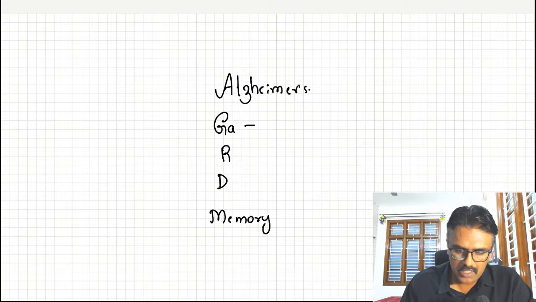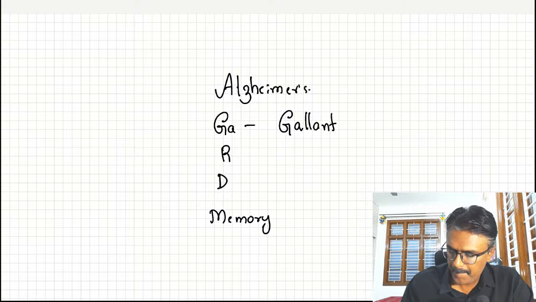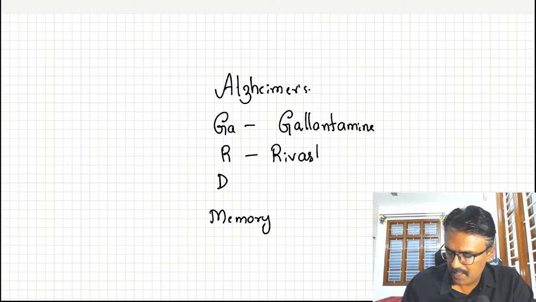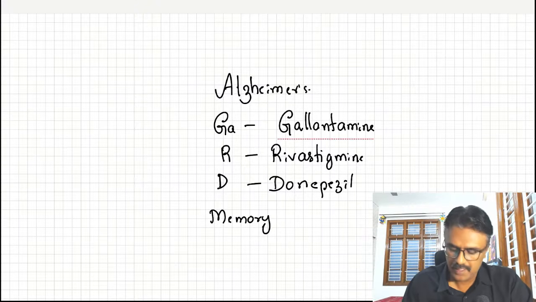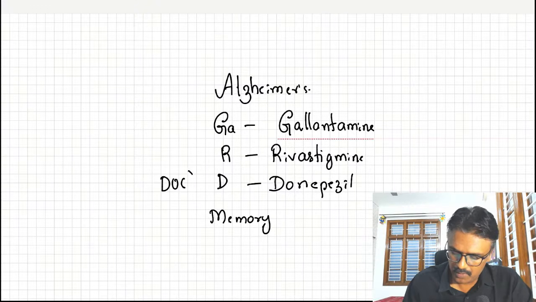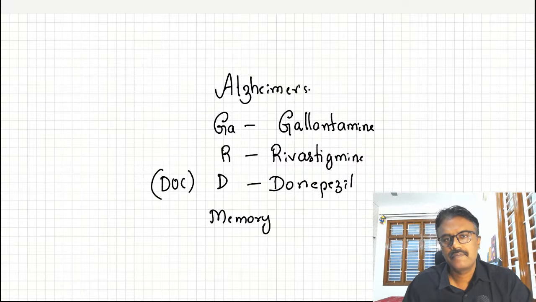G stands for galantamine, R for rivastigmine, and D for donepezil. Remember, donepezil starts with D, so that is also the drug of choice for Alzheimer's disease.